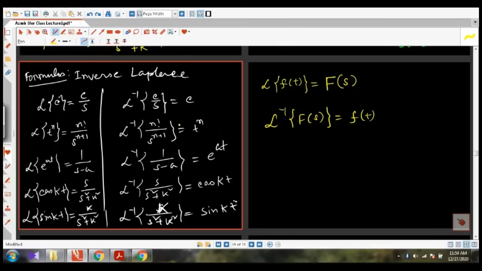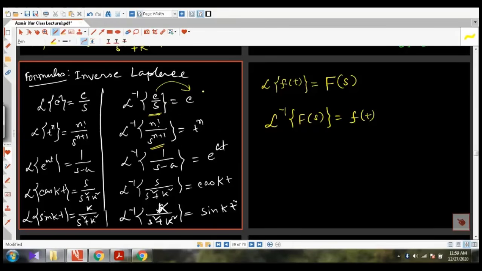Whenever we have an algebraic function with s variable given, it will be complicated to get back to the main function. We still have the formulas, but you have to be very tricky in dealing with inverse Laplace transformation.